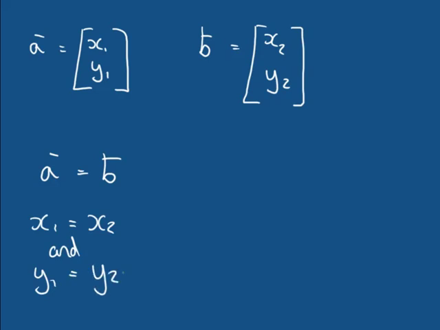That's the same with any vector, no matter how many components you have. Those vectors are only equal if the same components are equal. That is to say, the first component of vector 1 is equal to the first component of vector 2, and so on. So in the case of our 2D vector, x1 must equal x2 and y1 must equal y2.